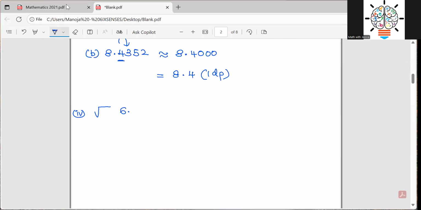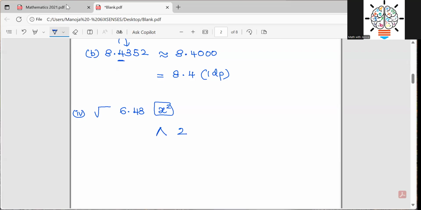6.43. Then you know that you have to press the power thing, 6.43 to the power 2. Sometimes you can have this something, right? And sometimes you have this something and 2, right?